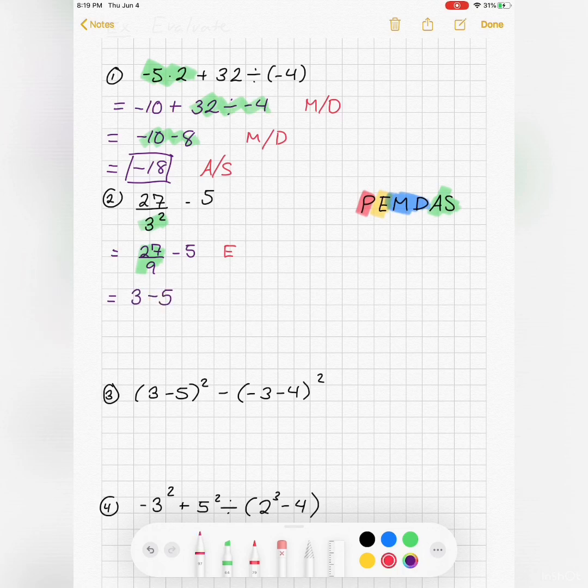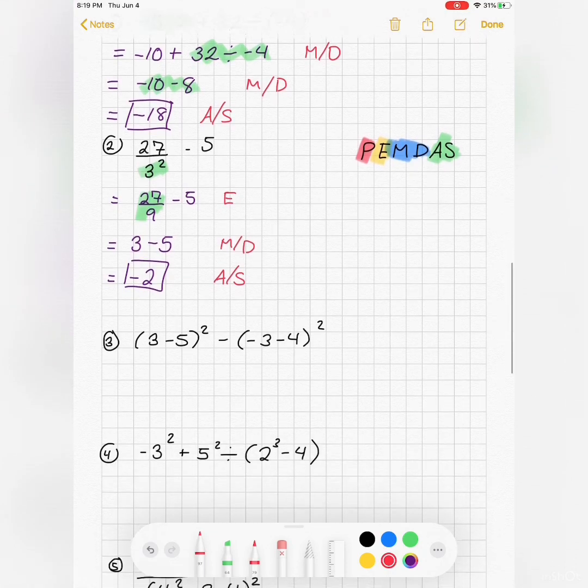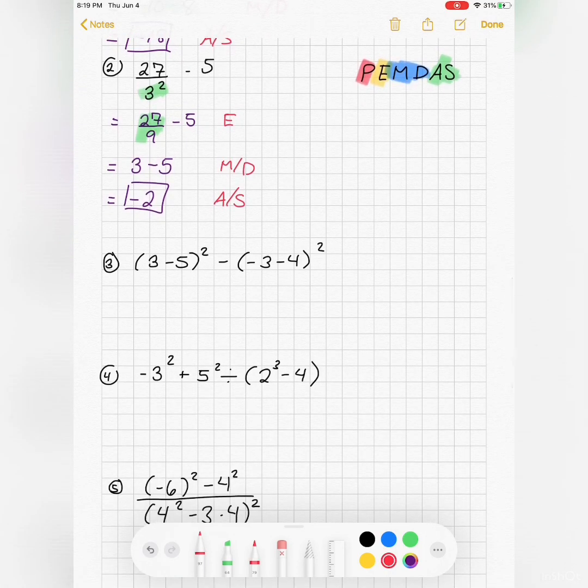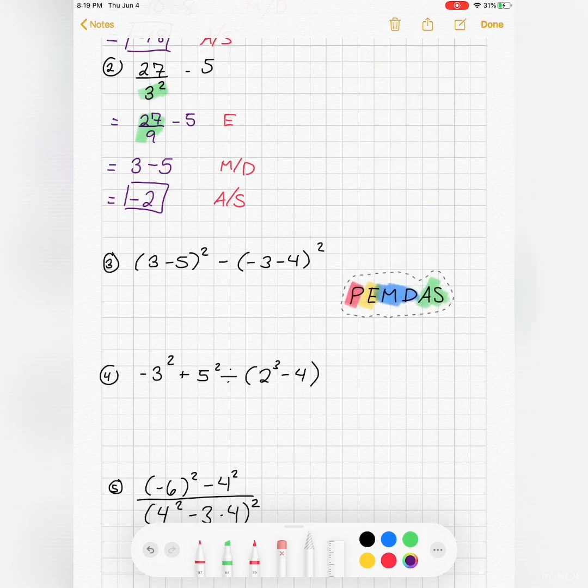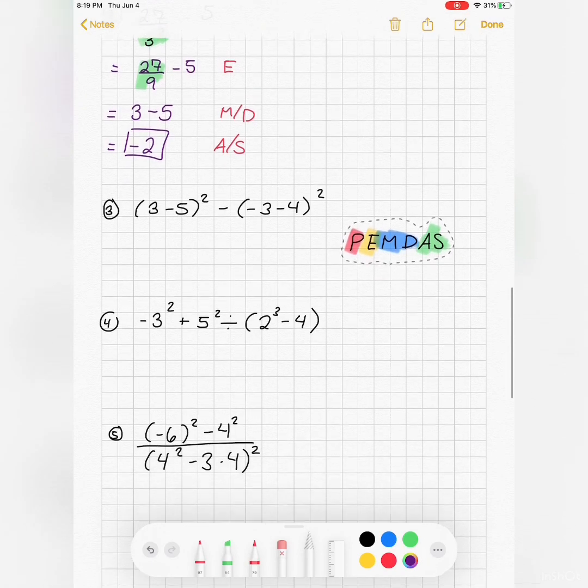What did I do in that step? In that step, I did multiplication division. And then in the last step, I go ahead and subtract. And so there, I'm doing addition, subtraction. Bringing that along with us.